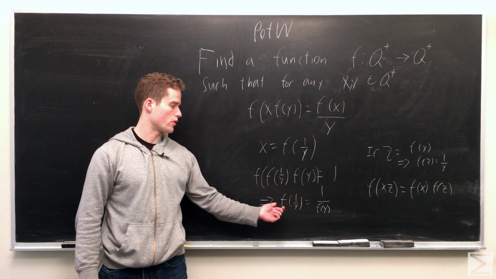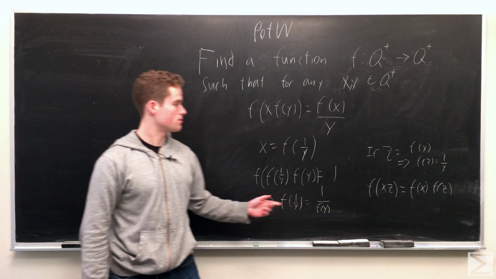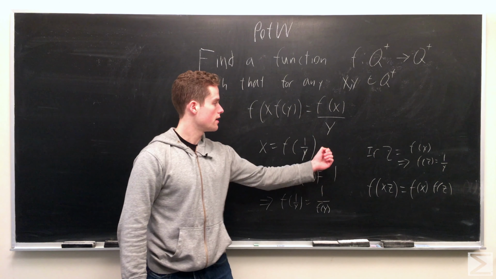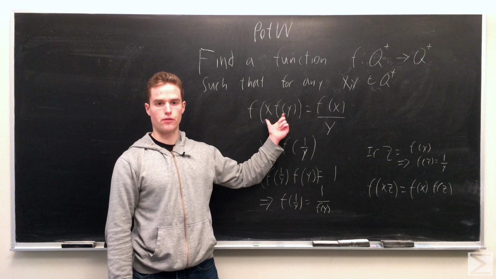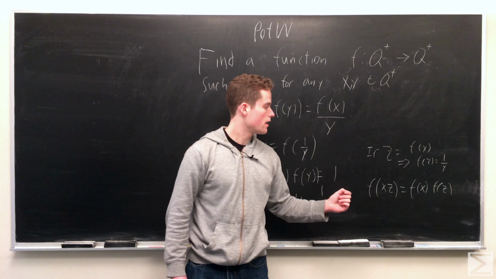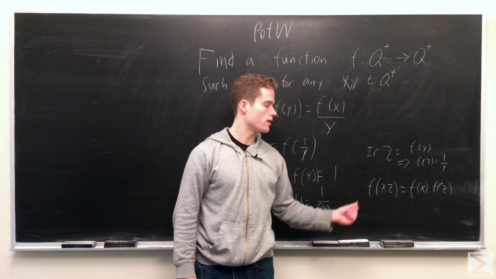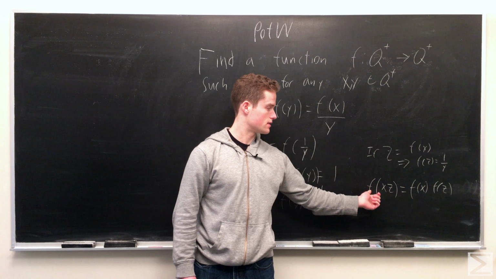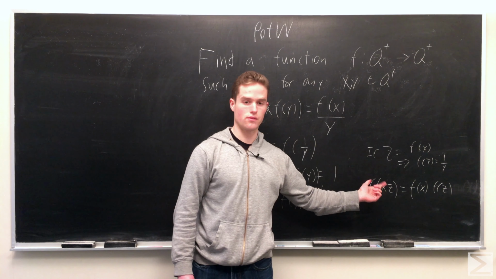So we have f of 1 over y equals 1 over f of y. We also, and this is the last relation, if we plug in z equals f of y, so this becomes f of xz on the left, and we also know taking f of both sides, f of z equals 1 over y. So then we have f of xz equals f of x, f of z. So this function is multiplicative.